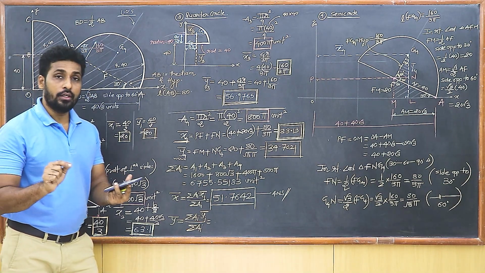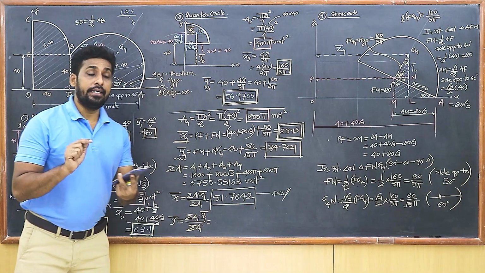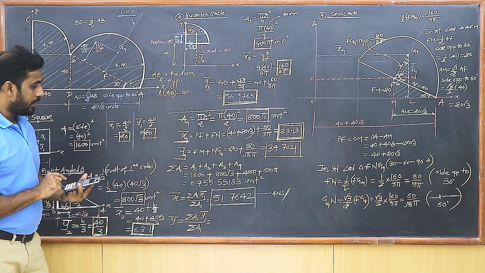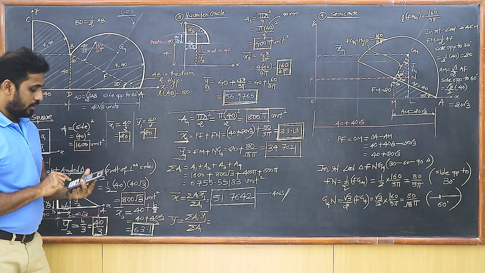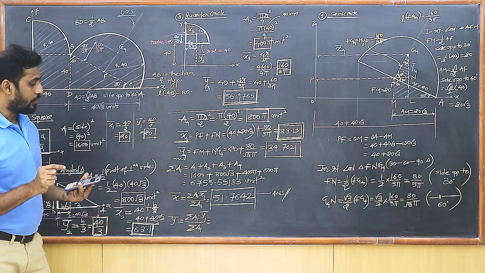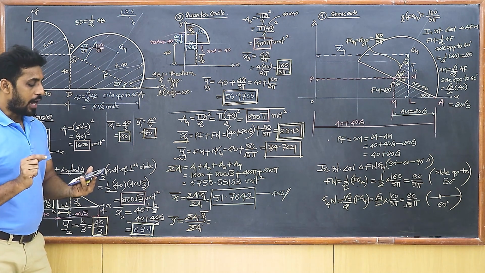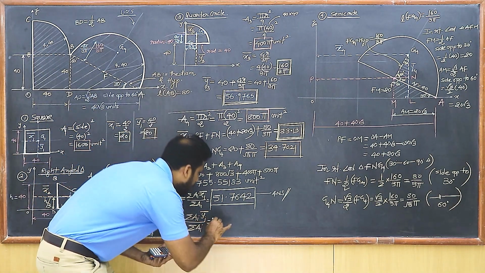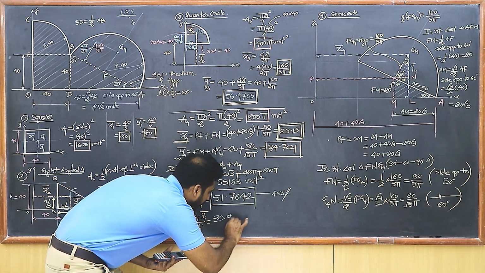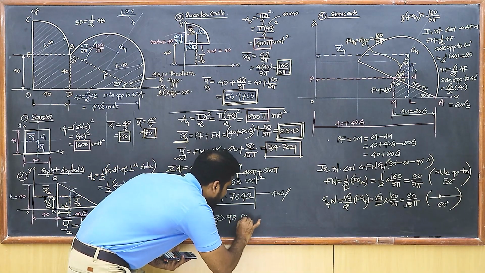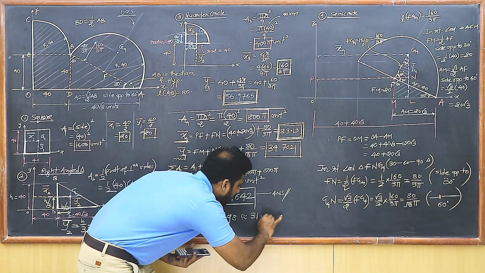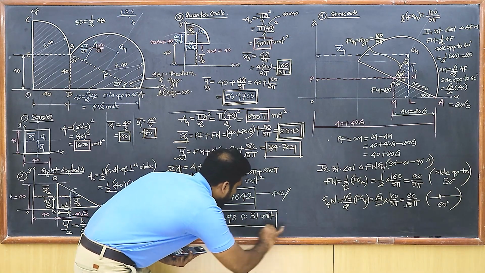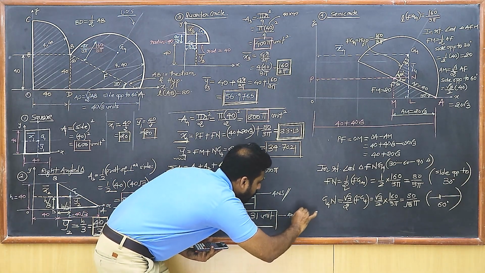You will get some answer over here, and this answer now needs to be divided with again summation of AI, which is 6755.55183. So the value that is coming is 30.98, or you can approximately say 31 units. So that's your answer for finding y bar.